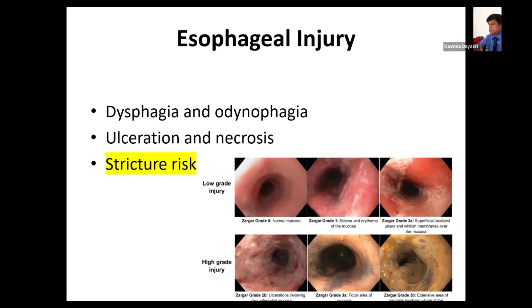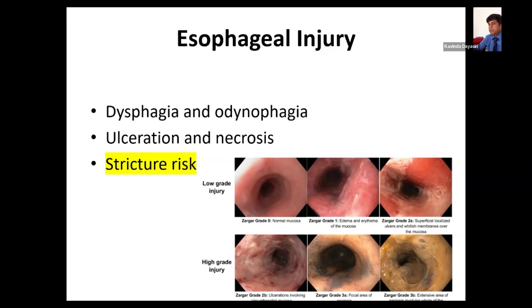Zargar classification grades 0, 1, 2A belong to the lower grade, whereas when you climb from 2B to 3B, you see more extensive damage, indicative of a less favorable prognosis.